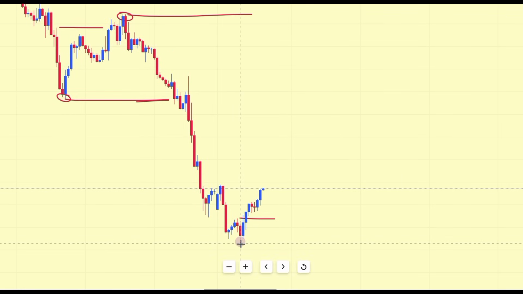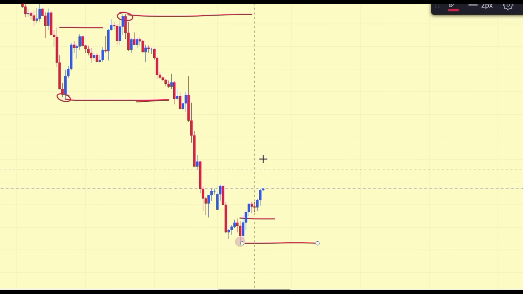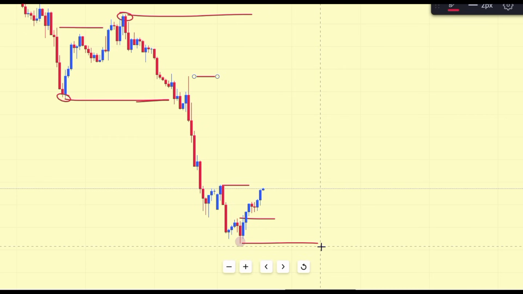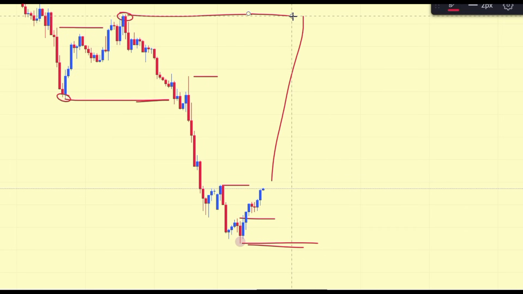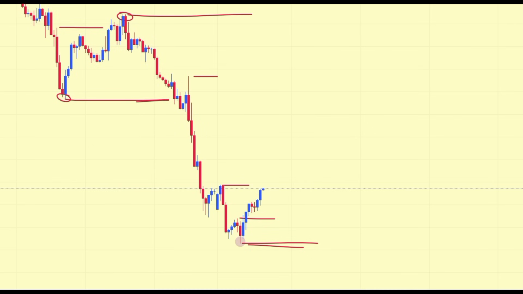So this one here is our low, and right now price is looking for further buy side liquidity, and after that price will eventually reverse, and then we will be making a break of structure to the downside. But if price now decides to go all the way breaking past this trading range high, then this means we will now be shifting bias from being bearish to bullish. Right, so right now let me run price and see what price does.